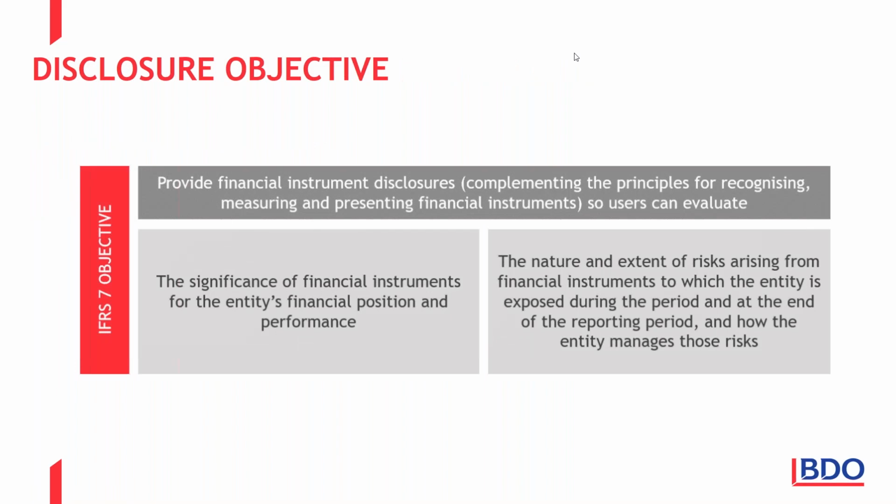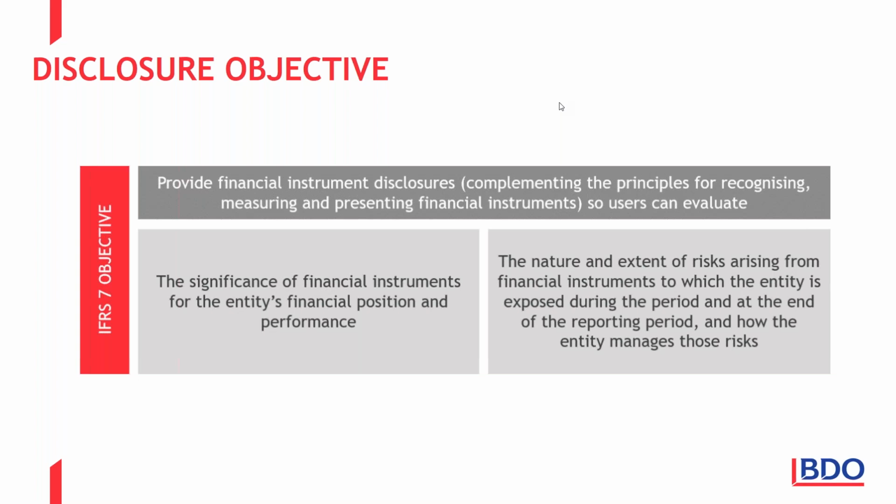Before we look at the details, we would like to highlight the disclosure objective. IFRS 7 has two key disclosure objectives. The overall objective is that we provide financial instrument disclosures so users can evaluate two things.